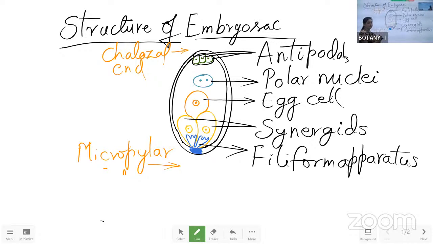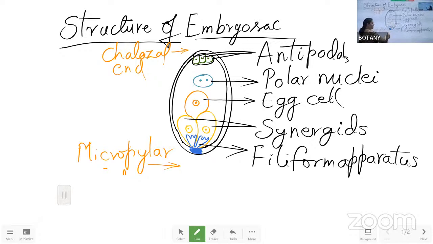One more function for the filiform apparatus is they will make the easy entry of a pollen tube into the embryo sac. Whenever the pollen tube has to enter into the embryo sac for fertilization, it has to pass through this filiform apparatus.